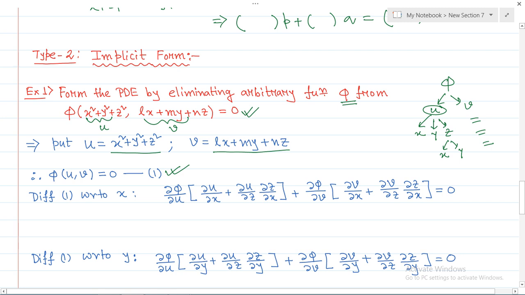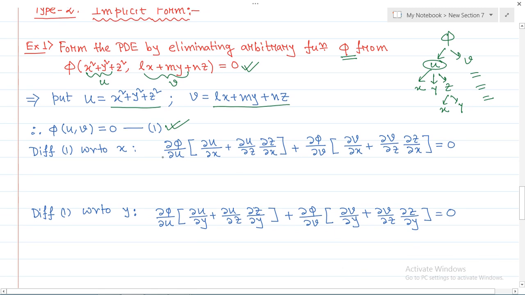Now using this form, we do the differentiation inside the terms. Del phi del u, I don't know the phi function, so it will be as it is, but I know the structure of u. U equals x square plus y square plus z square.